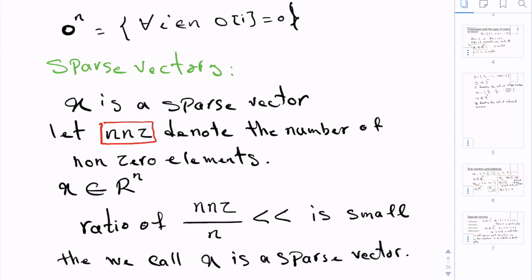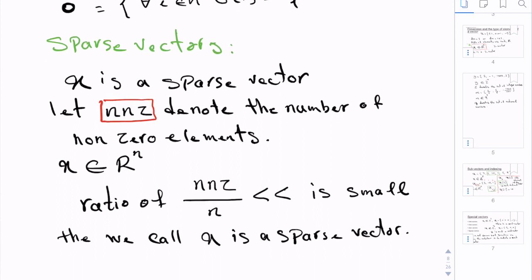Okay, but as I said, from my experience, sometimes if a vector has around 5% of elements non-zero, then we call that vector a sparse vector. Sparse vectors are extremely important in many applications. When you are extracting features, many of the features are zero, and then we can apply more efficient techniques and algorithms when data are sparse.